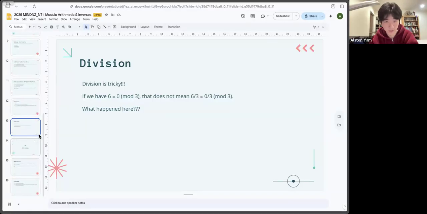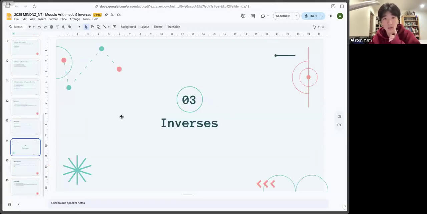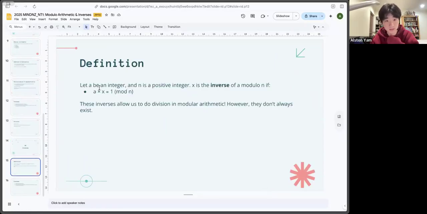To deal with divisions, we need to introduce one final thing, and that is inverses. Now, inverses are pretty cool in mod arithmetic because they are a really powerful result. If we have a as an integer and n is a positive integer, then we call x an inverse of a modulo n.